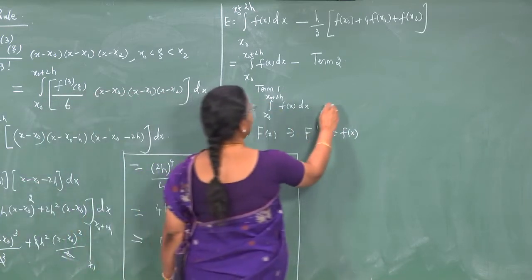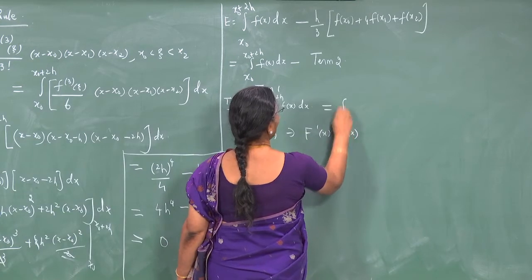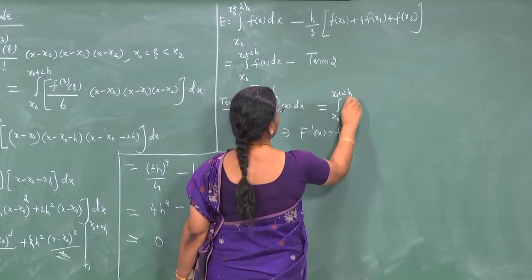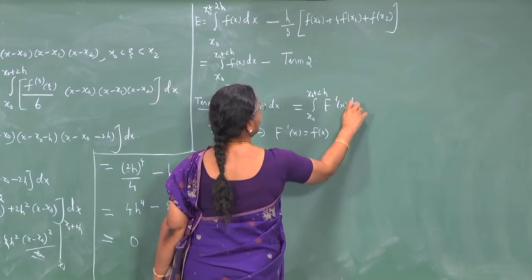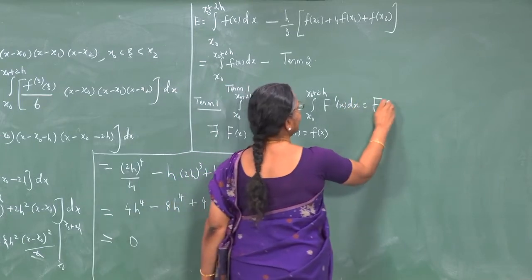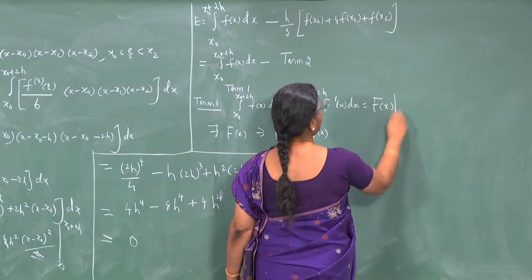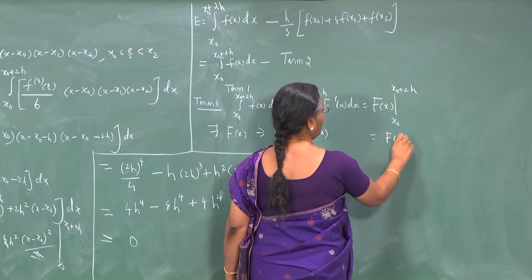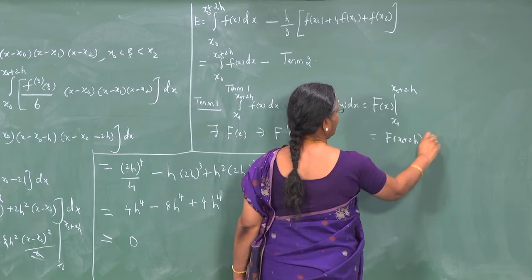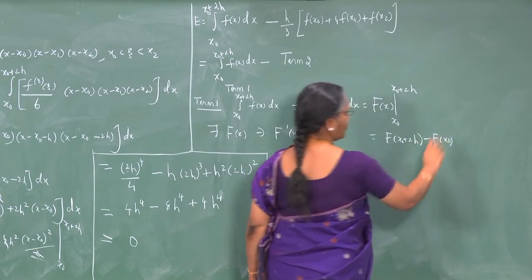And therefore, this will be the integral from x0 to x0 plus 2h of capital F dashed of x dx, and that is F of x between x0 and x0 plus 2h, and that is F of x0 plus 2h minus F of x0.